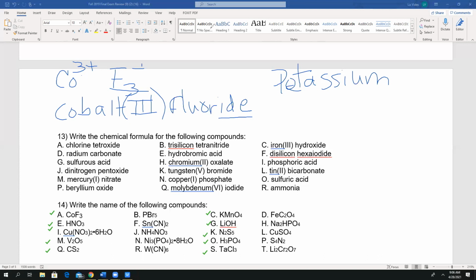Right here. Okay. It is potassium, KMnO4. It is permanganate. So that is the name: potassium permanganate.